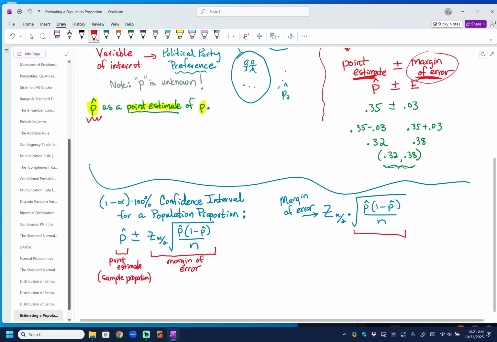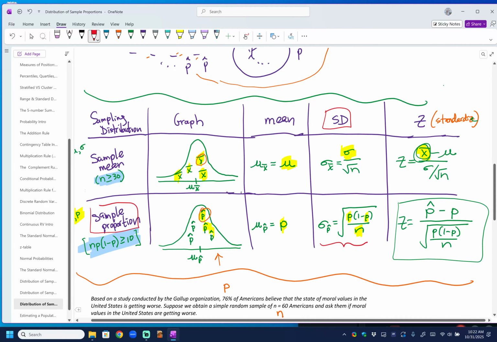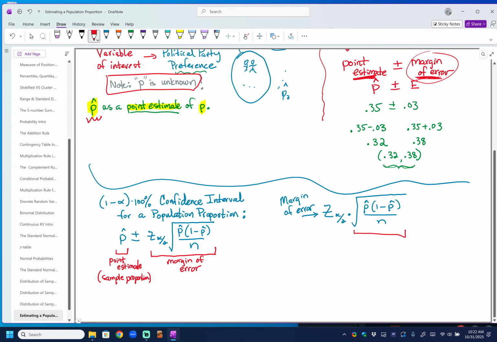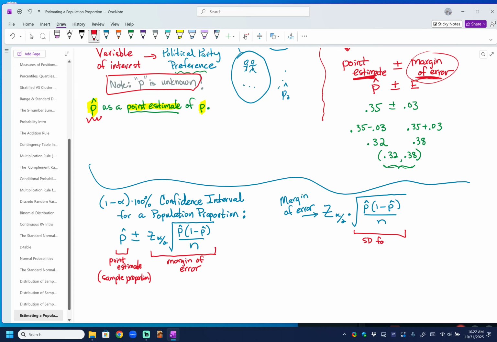Well, why are we doing that? Well, aren't we trying to use this interval to estimate p? We note that p is unknown, which means how can we use it in the formula like this one? We can't. So what's the next best substitute for p? It's p hat.